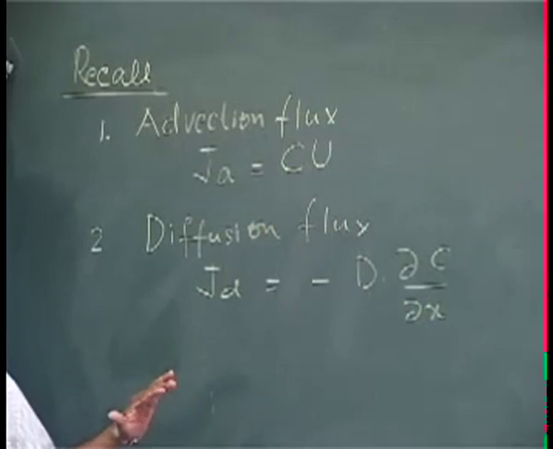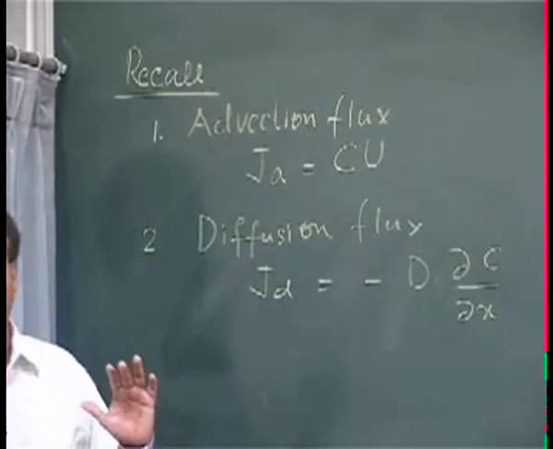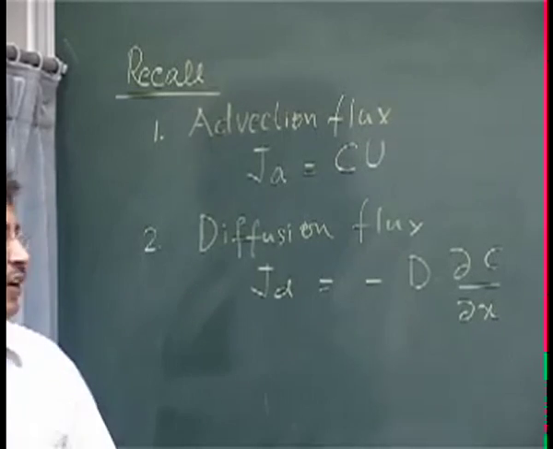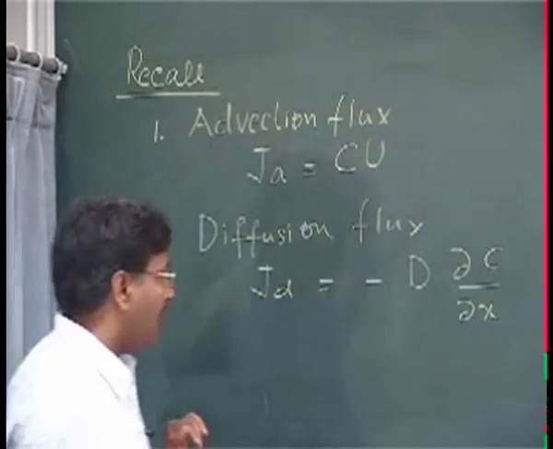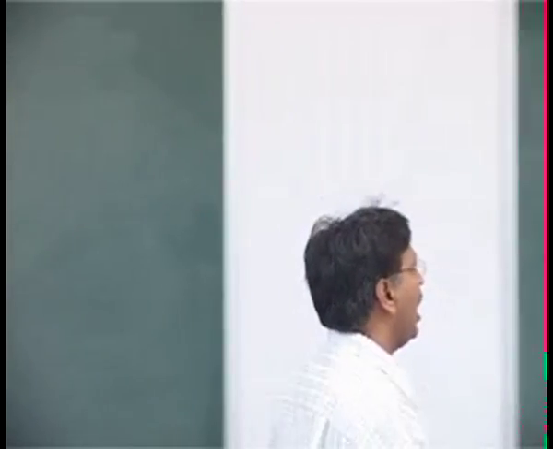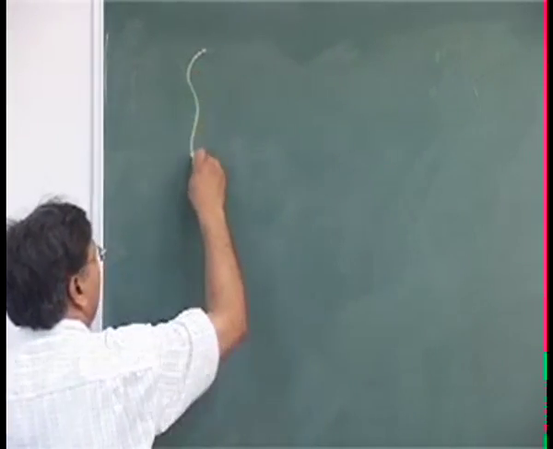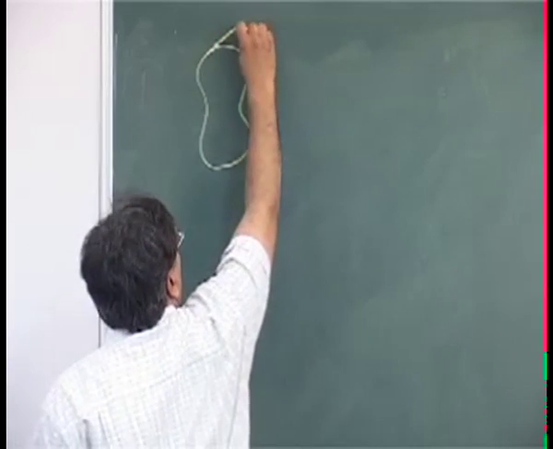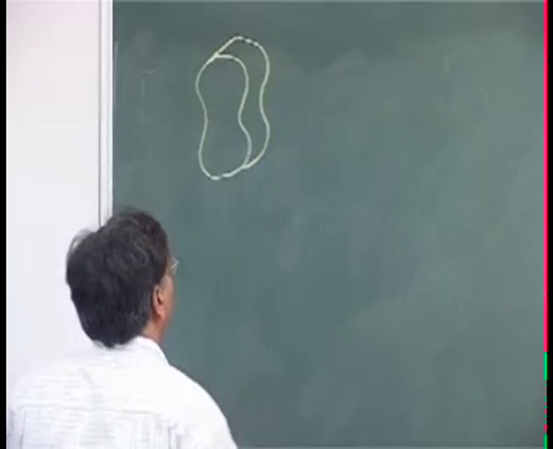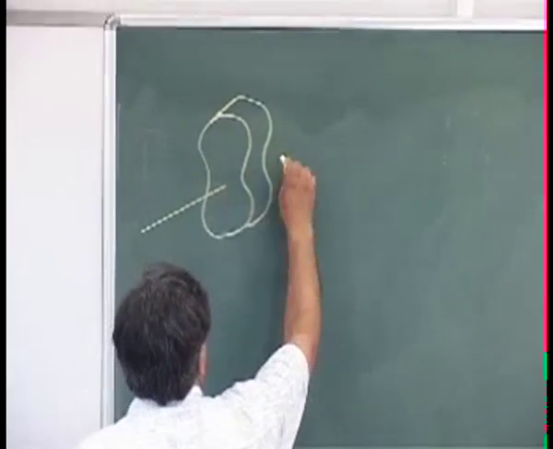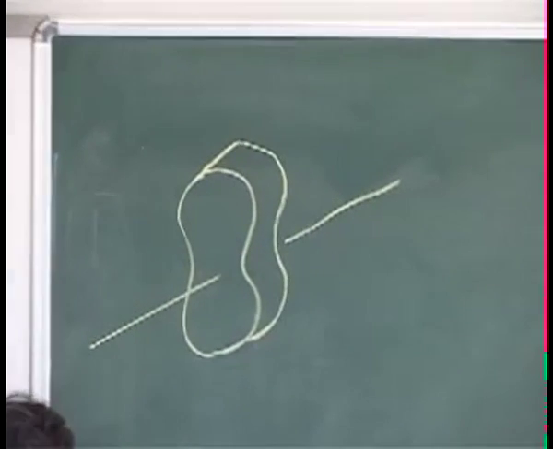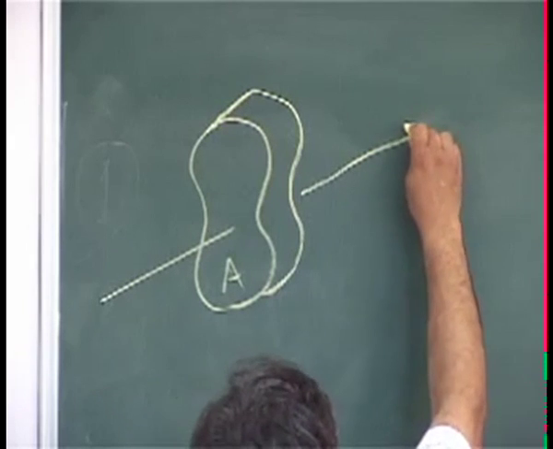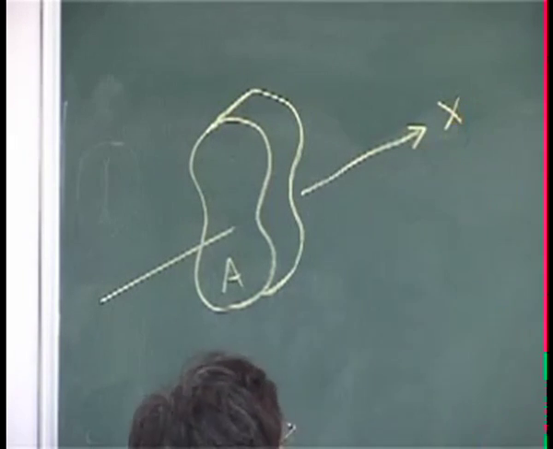Want to utilize them now to develop some kind of relationship, the equation of continuity or the advection diffusion equation. So for that, suppose I have a strip and we'll try to do it in one dimension. My flux is in this direction, the area is A, and I am calling this direction x.